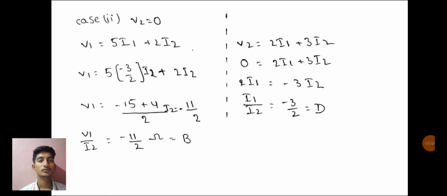In case 2, V2 equals 0. V1 equals 5I1 plus 2I2.